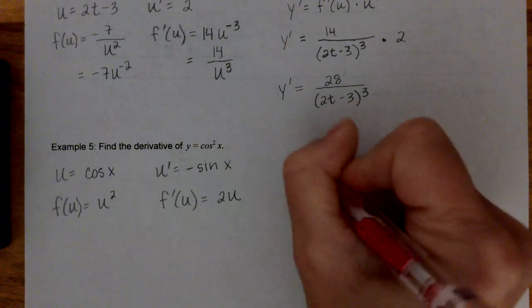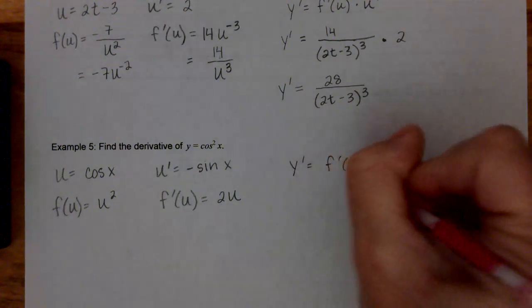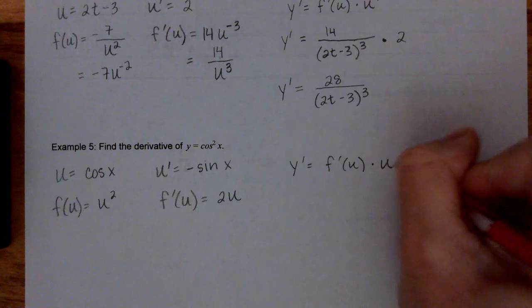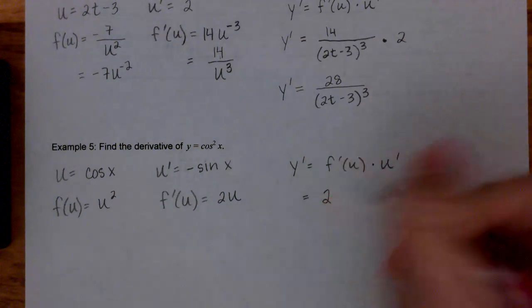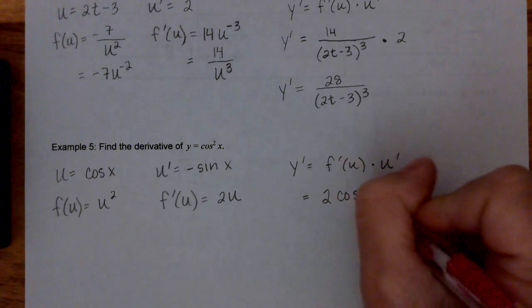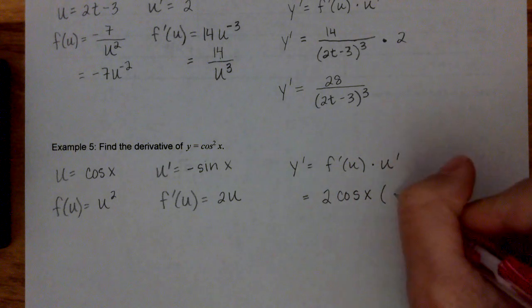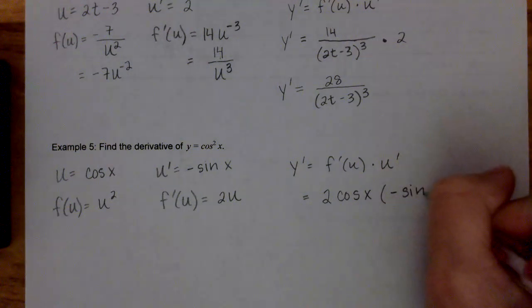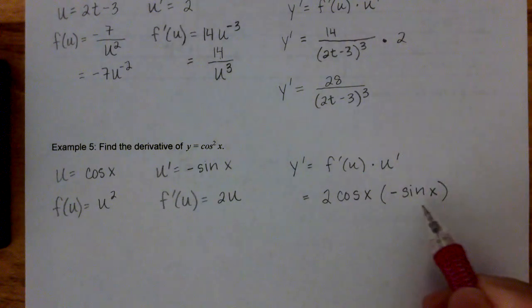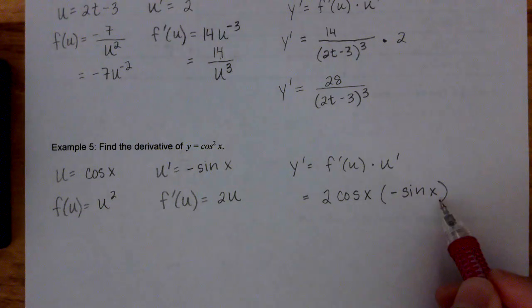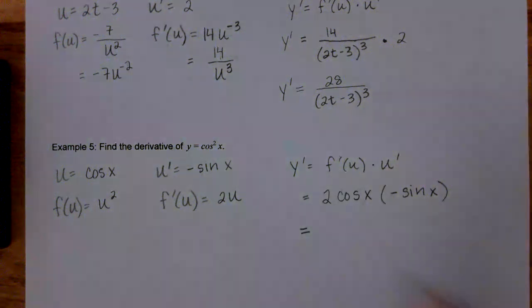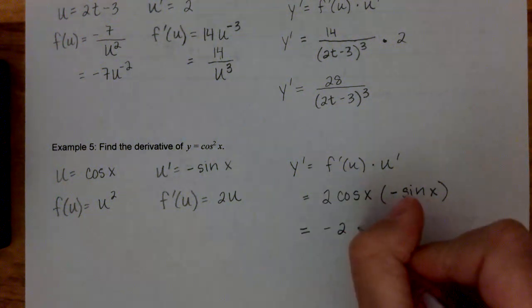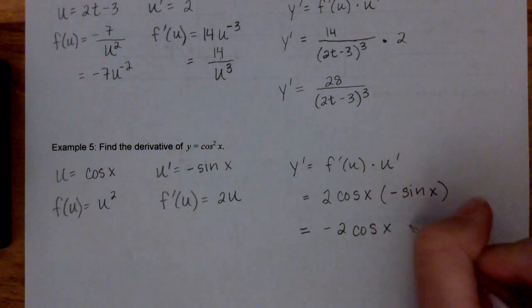So again, our y prime is f prime of u times u prime, which is 2 times our u, which is cosine of x, times our u prime, which is negative sine of x. Remember, those parentheses again are important. If you put just the minus sine of x, it would look like subtraction when what you're really doing is multiplying. So then I'm just going to rewrite this as negative 2 cosine x sine x.